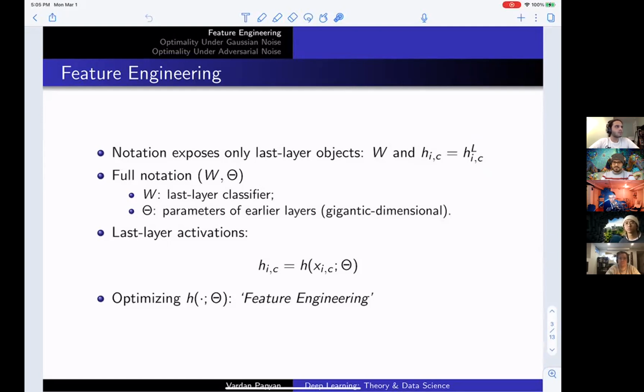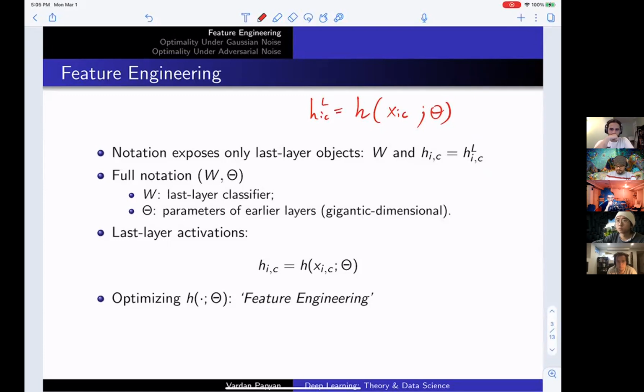It's hiding the fact that the last layer features are actually a function of your input images and a bunch of parameters of layers prior to the last layer.